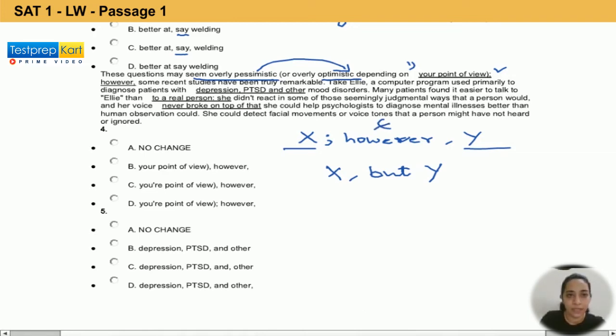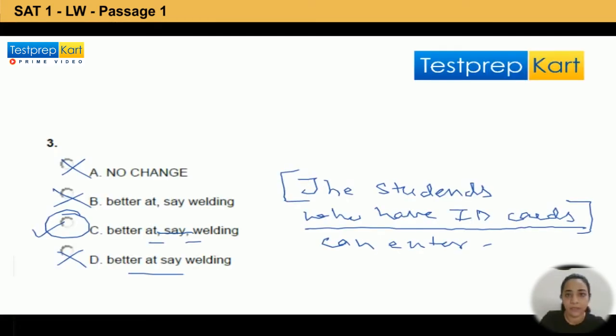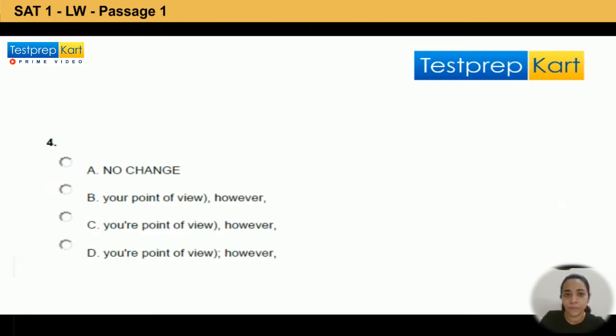Answer choice A. Let's go back here. So first part looks good. Now let's see. Here you can see there is a comma. We want either a semicolon or a full stop.